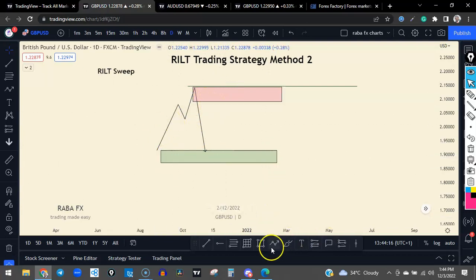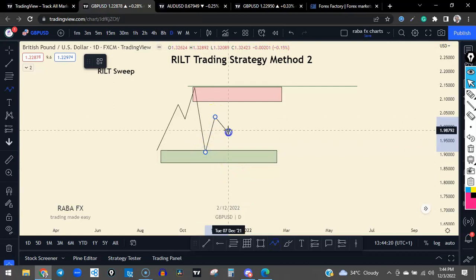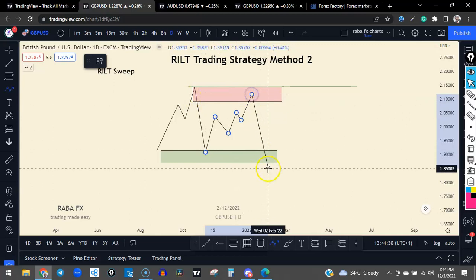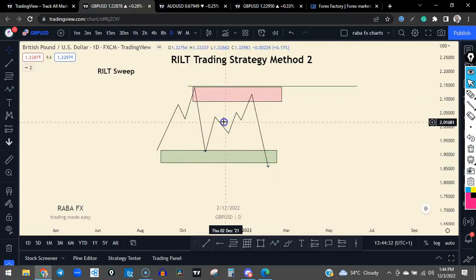Most smart money concept traders will be looking for a way to short this market the moment it gets to the supply zone or the order block in here, or any form of POI in here, before price moves to the downside. This is a good setup for any smart money trader, including myself. But I've realized over the years that not all of these setups work out.